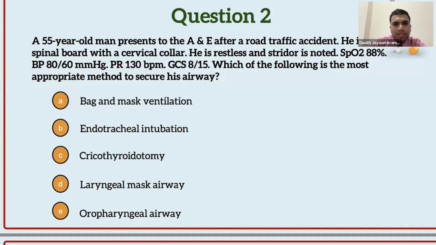Somebody has answered. D. No, sorry, C. Why would you go for cricothyroidectomy? Somebody put A. Okay. Why do you think A is right? Okay, yeah, there is a cervical injury, that is true.